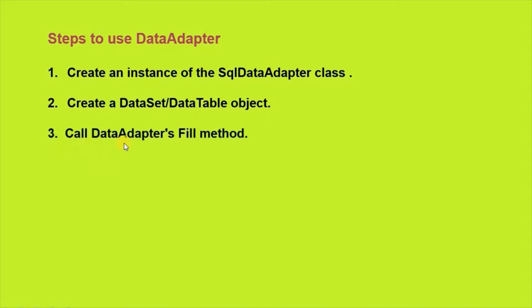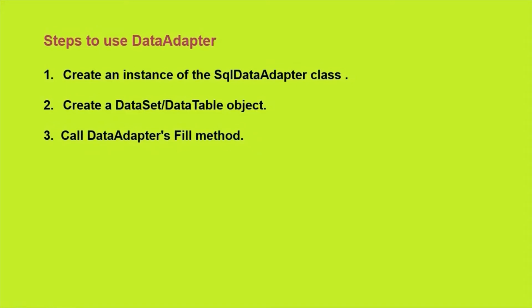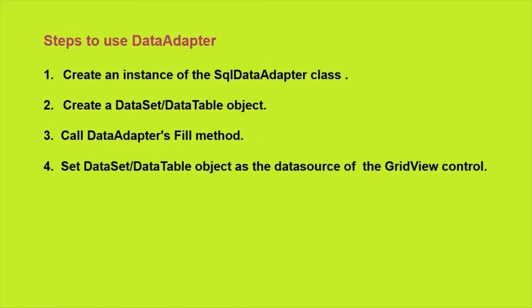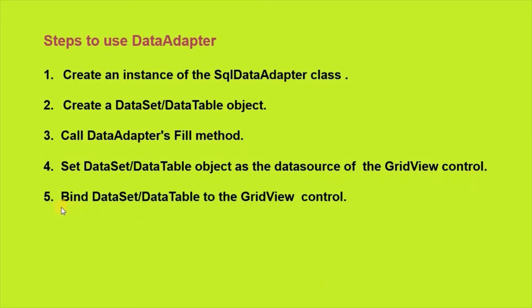Third, call DataAdapter's fill method. Fourth, set dataset or DataTable object as the data source of the grid view control. Fifth, bind dataset or DataTable to the grid view control.